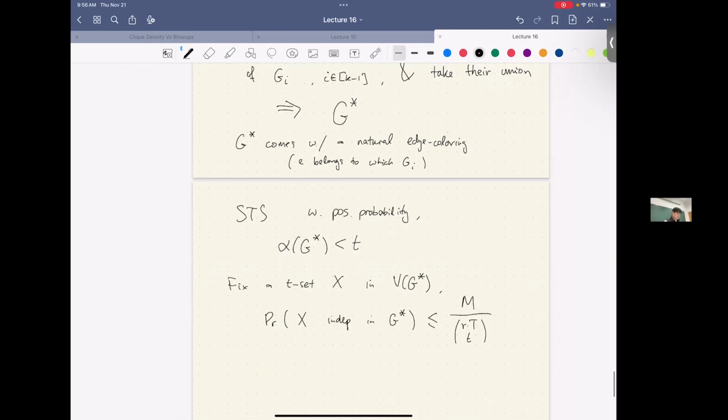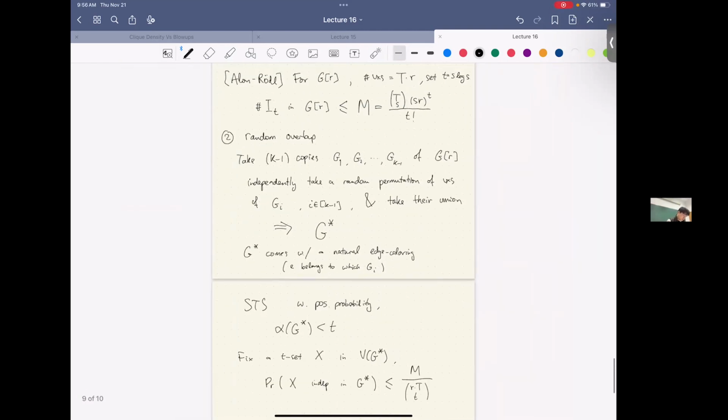Why is this true? Look. The total number of choices of T sets is the number of vertices of G star choose T, right? The number of vertices of G star is T times R. So this is the total number of T sets. And among these T sets, because we randomly permute the vertices and put them on top of the vertex set, M of the T sets are independent sets.